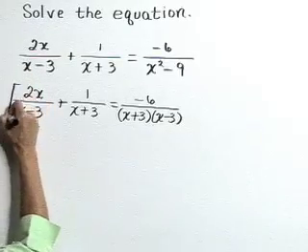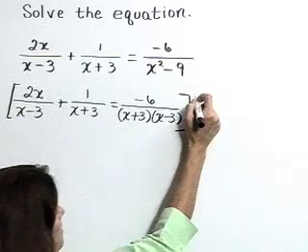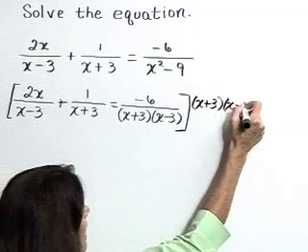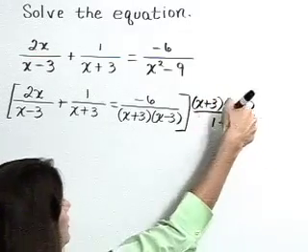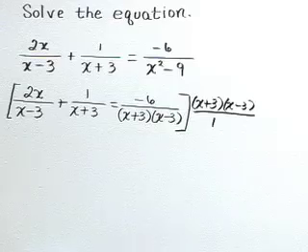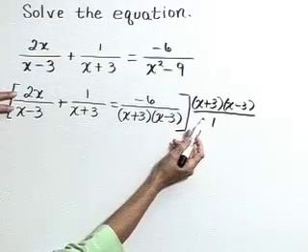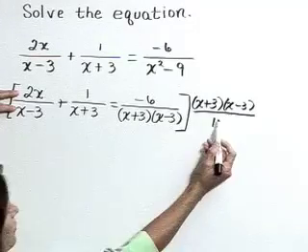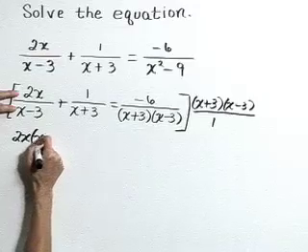Therefore, I'm going to multiply the equation through by that lowest common denominator, x plus 3 times x minus 3. And I'd like to write that over 1 so I can see the numerator and denominator clearly. We want to multiply that times each term. As we multiply it times 2x over x minus 3, our x minus 3's cancel, giving us 2x times x plus 3.